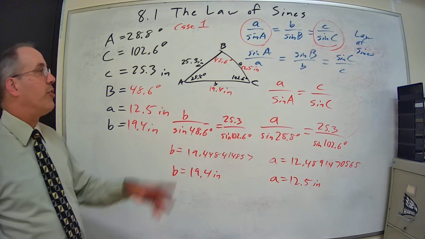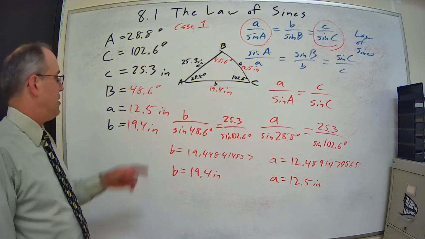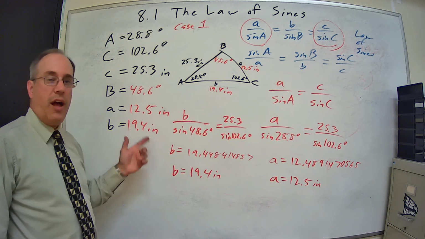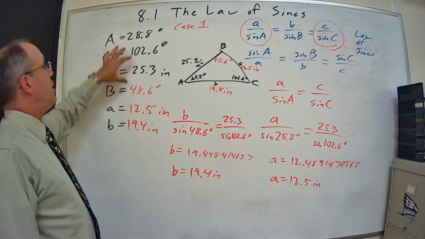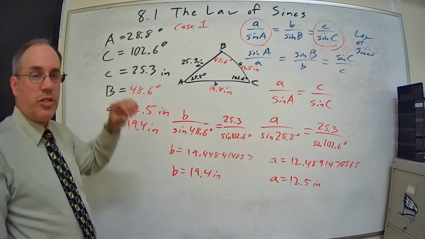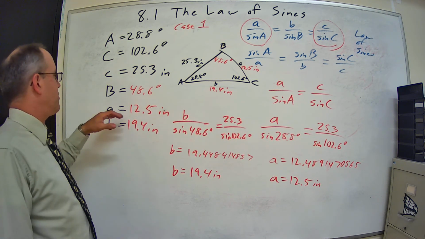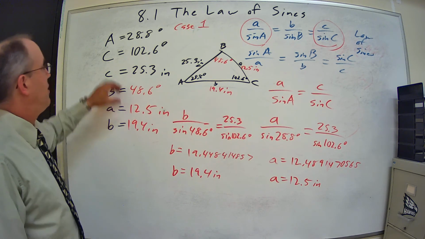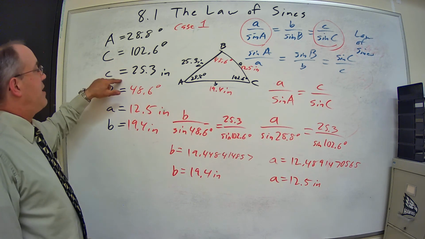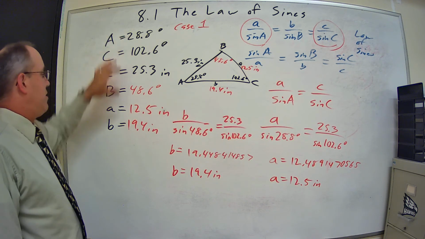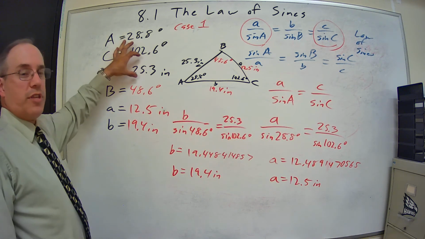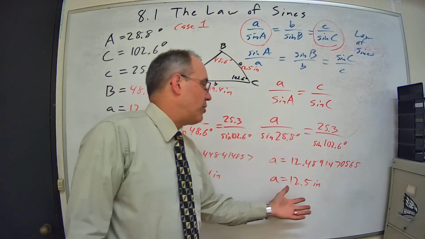And then we used the law of sines to get each of the other two sides. And we used as much of the original information as possible. So to get the length of side A, we used length of side C and the angle C and the angle A. So we had all numbers that we were given and calculated.